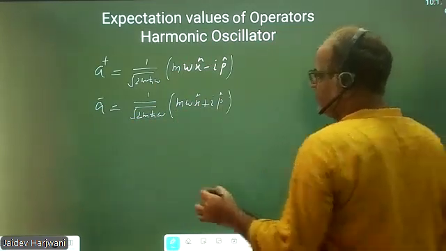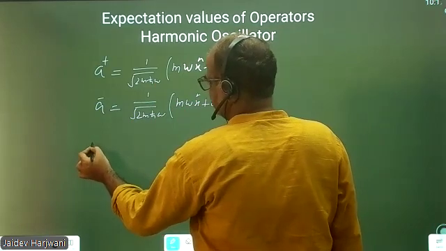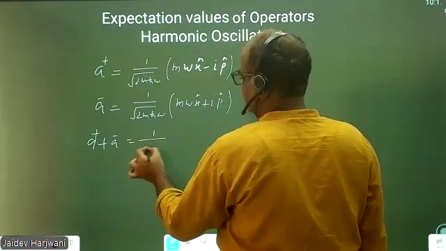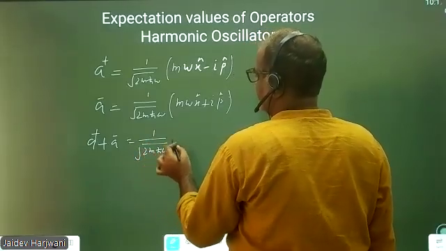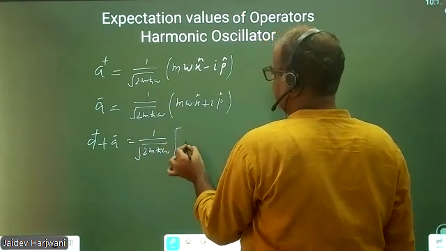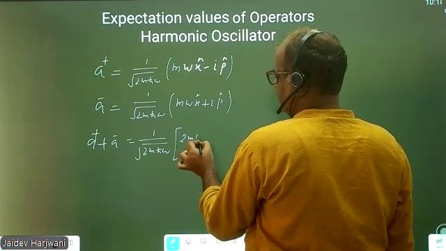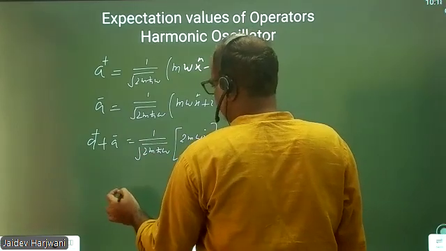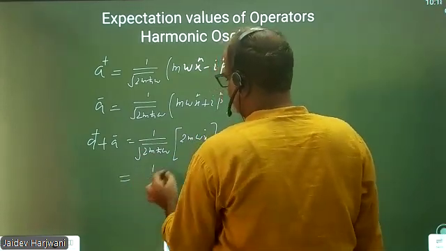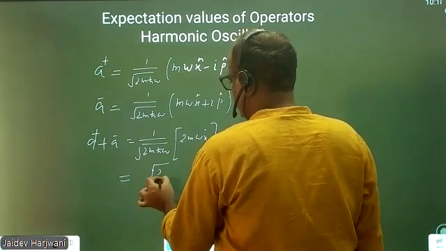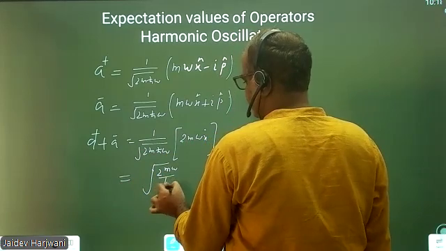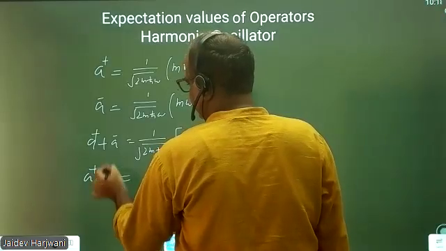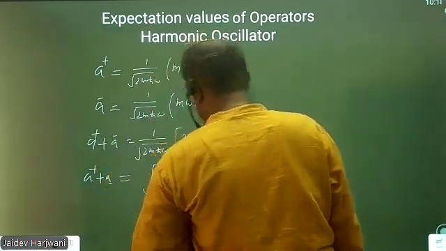Now suppose I want to calculate the x cap. If I sum a plus and a minus, then 2 m omega x cap remains and the iota p terms will be cancelled out. So this gives me root 2 m omega h cut x cap, and a minus you can simply write as a.